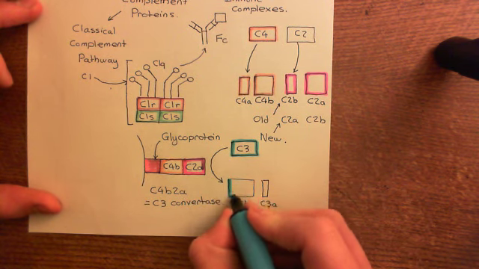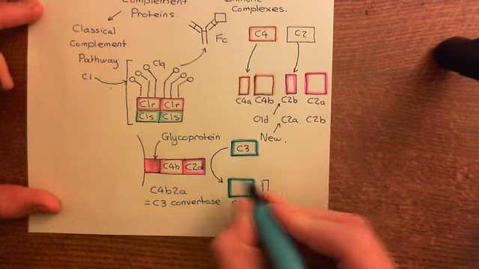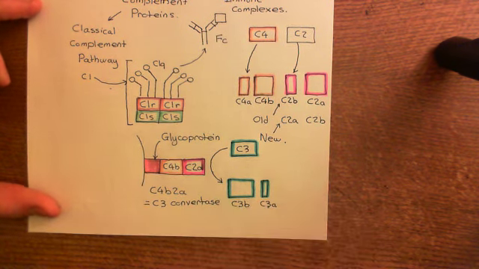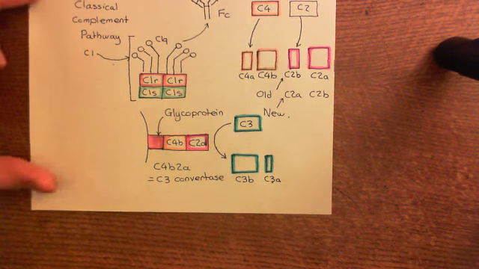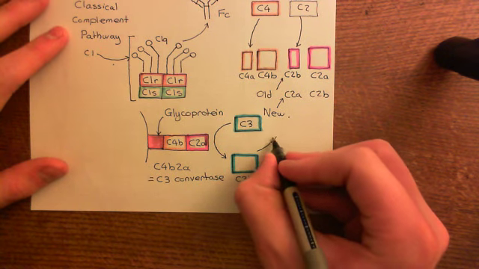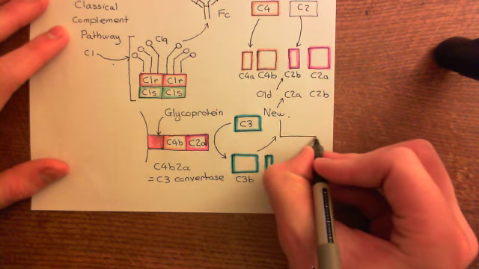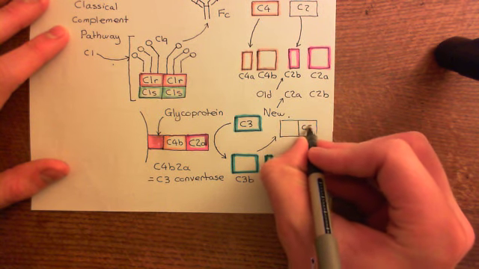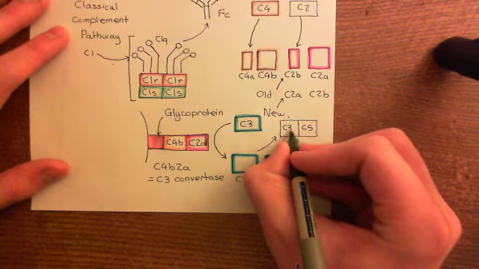Okay, so C3 has been split down into C3b and C3a. So C3b again is the big fragment, and C3a is the small fragment. Now what happens is that C3b can then bind onto another complement protein, which again has come in the inflammatory exudate, which is C5.